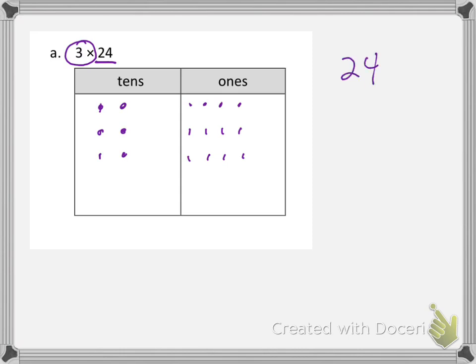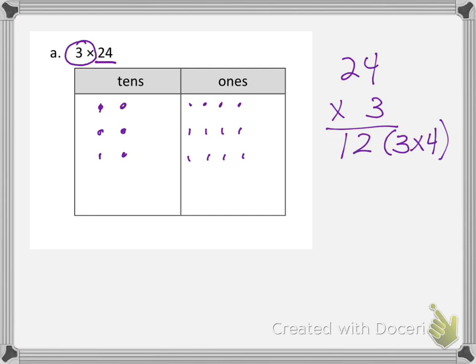24 times 3. So, in the 1s, we have 12 1s. And how did we get 12 1s? Well, we had 3 rows of 4 1s. That's how we got 12.